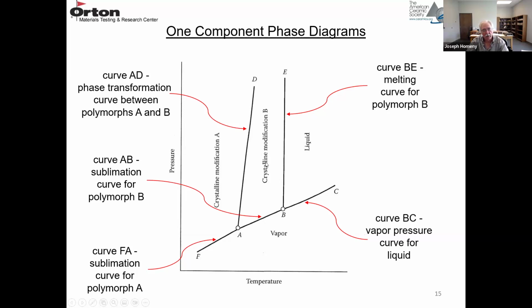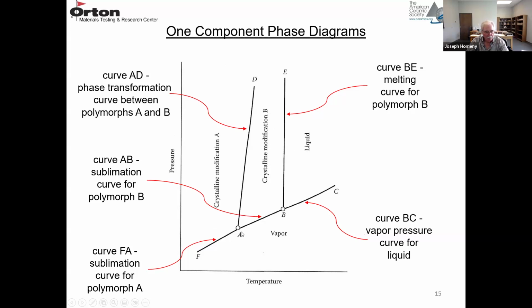We talked about displacive and reconstructive phase transformations. This is hypothetical, it could be either type, but we have a crystal modification A and a crystal modification B. This curve BE is the curve between the crystals B and the liquid. So it's where the polymorph B melts.